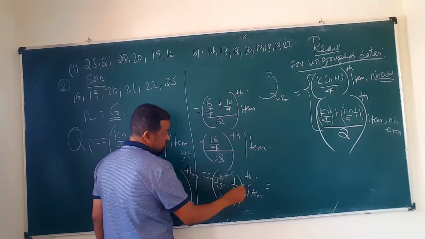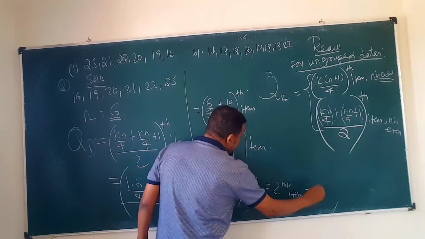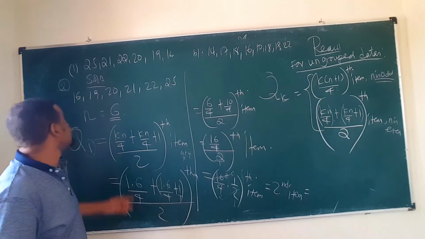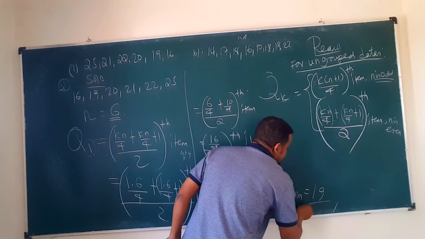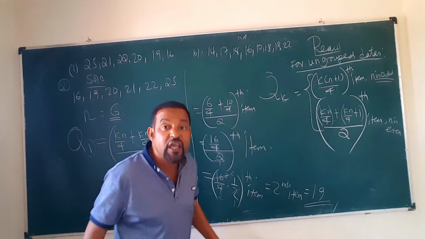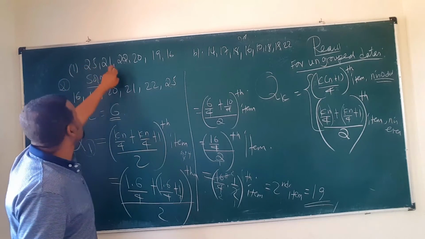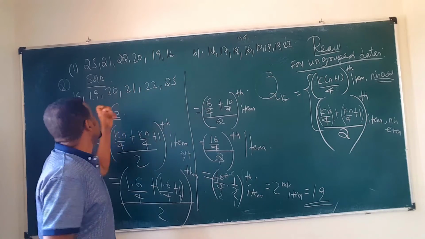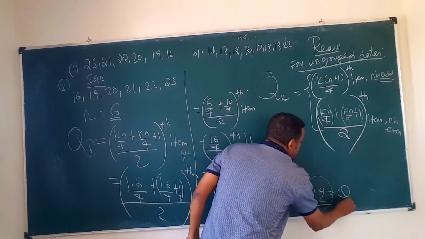So that will be the second item. So Q1 is the second item. What is the second item? Which is 16, 19, ነው ማለት 19. So for the given data 25, 21, 22, 20, 19, 16, our Q1 is 19. This is our Q1.